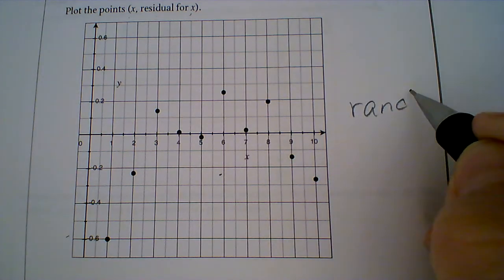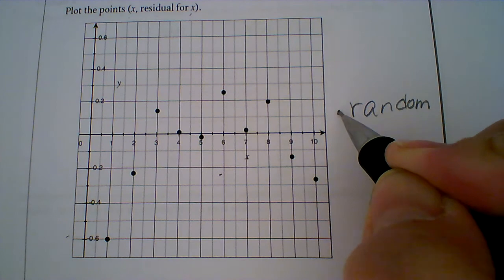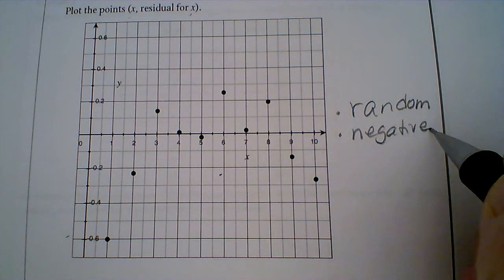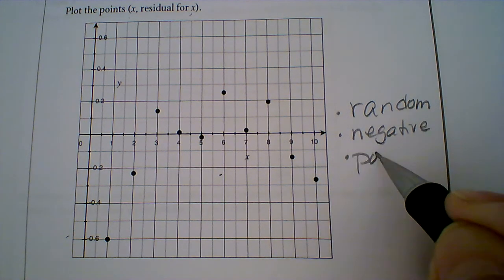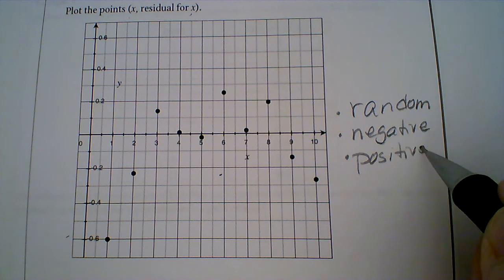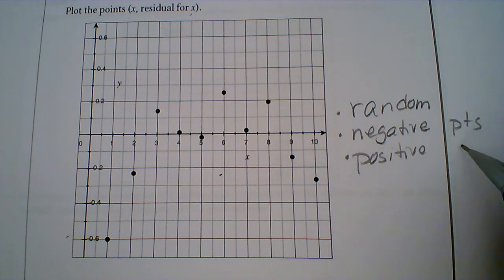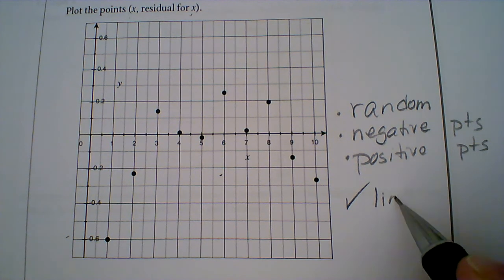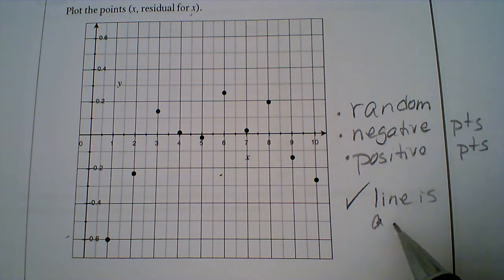It's a random plot. We have negative points and we have positive points. Tells us, yes, the line is a good fit.